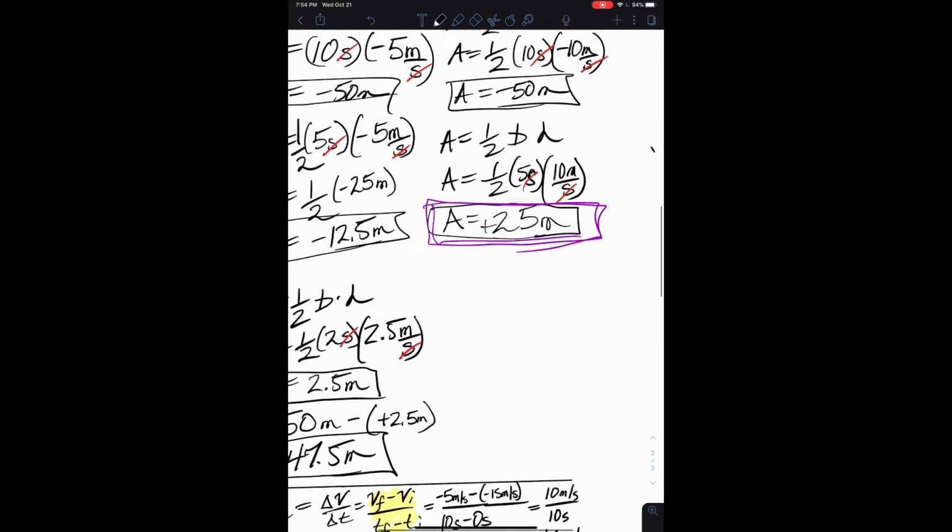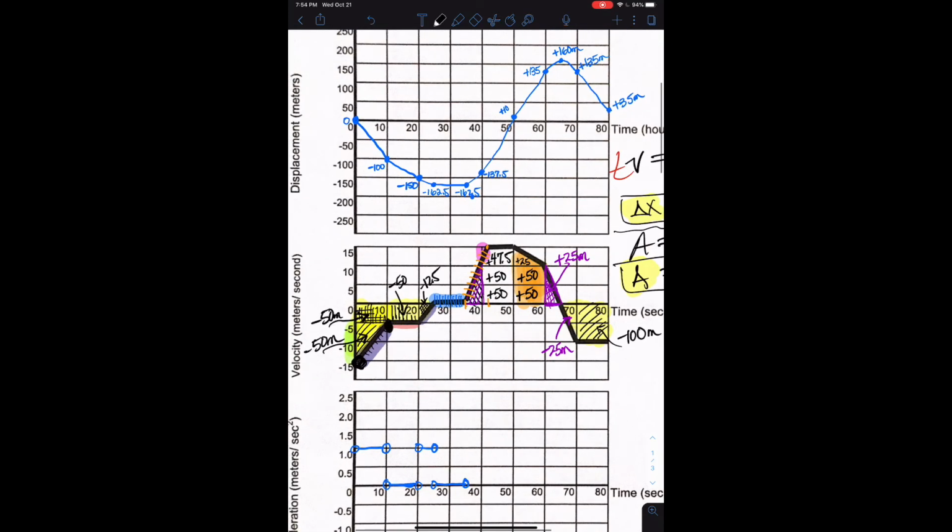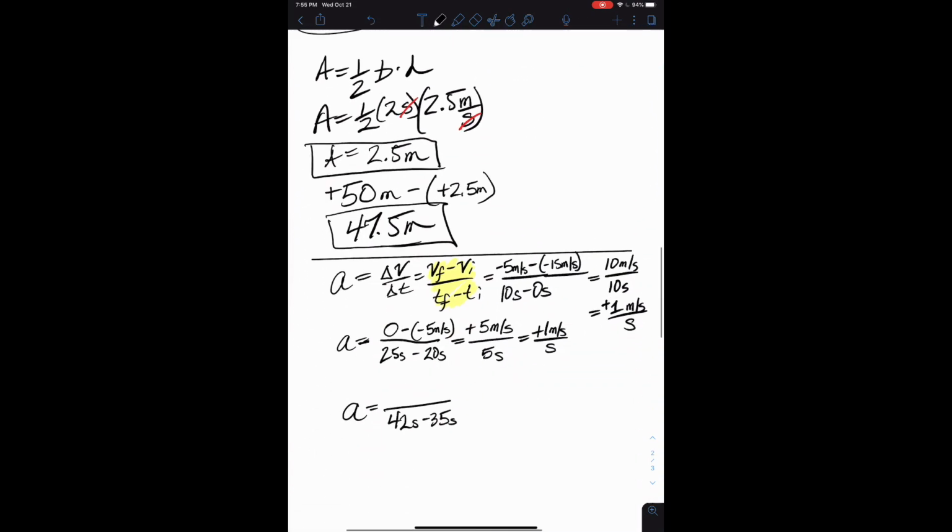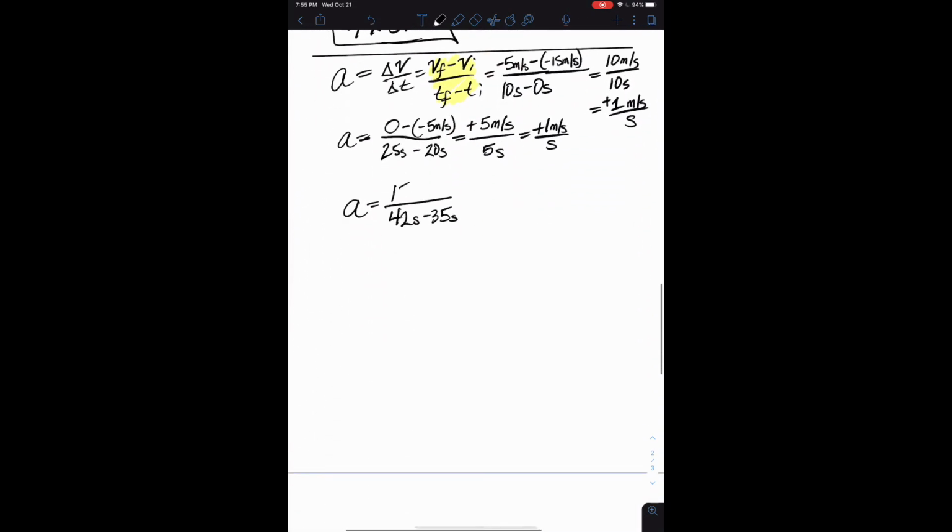All right, let's get some velocities. At 42, looks like we're at positive 15, and at 35, we're at 0. So we have 15 minus 0. This should be positive as well. All right, what is that going to equal? We get 15 on top.